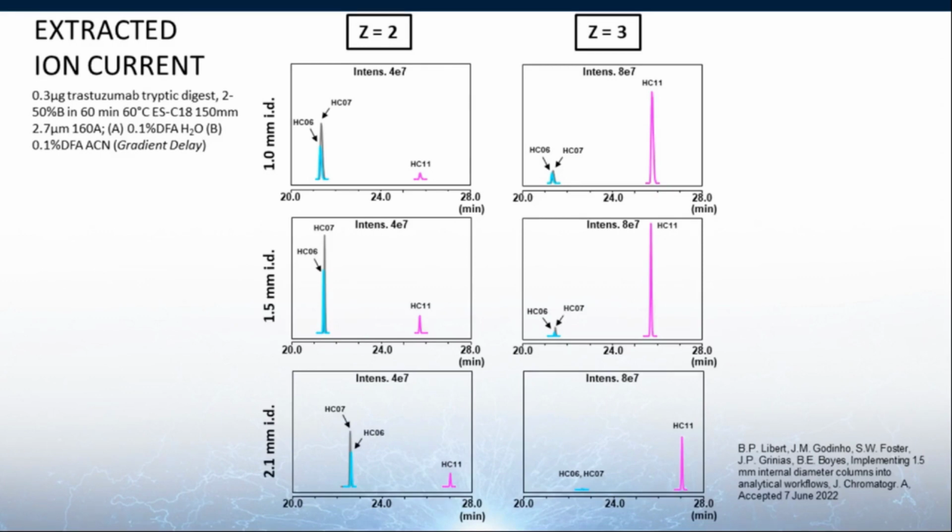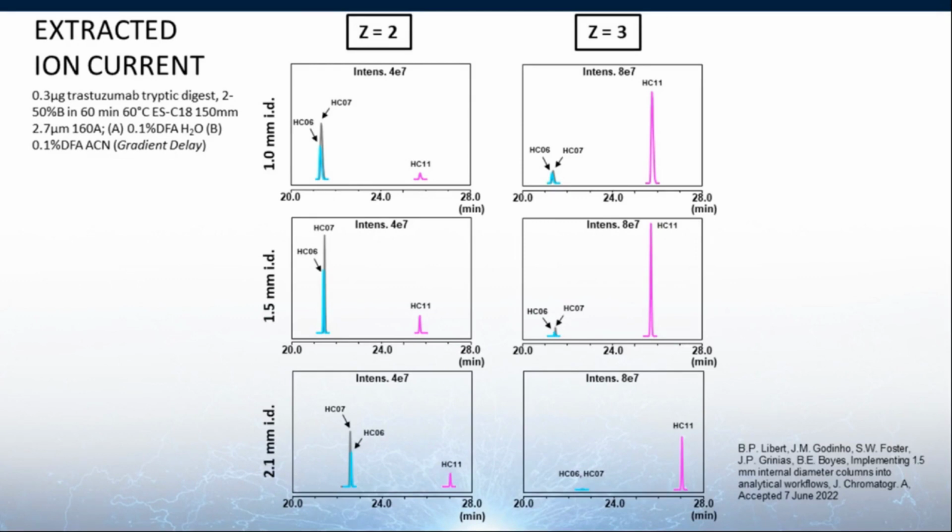So you can see going up from the bottom with the 2.1 millimeter results, the signal intensity is increasing with the 1.5 millimeter ID column, and with the 1 millimeter ID column, it's not quite as intense, and that's due to the dispersion effects that the 1 millimeter column is impacted by.